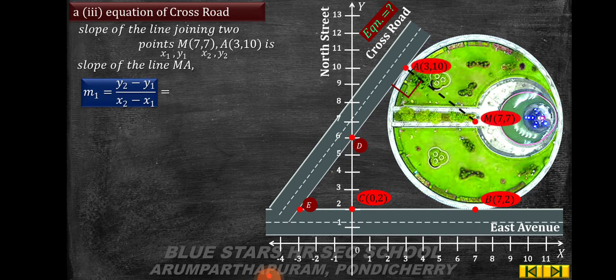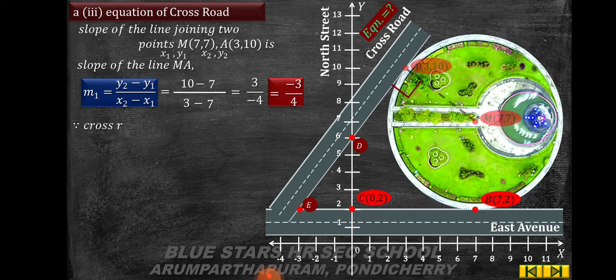Now substitute the values in the slope formula. You get 10 minus 7 divided by 3 minus 7, which is equal to 10 minus 7 is 3 divided by 3 minus 7 is minus 4. Therefore, the slope m1 is equal to minus 3 by 4.